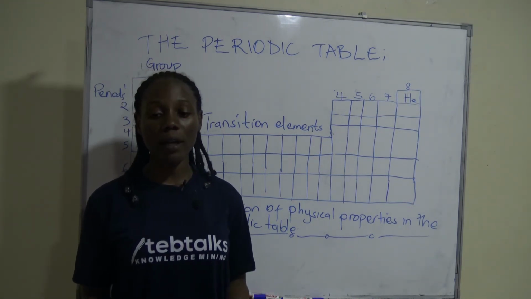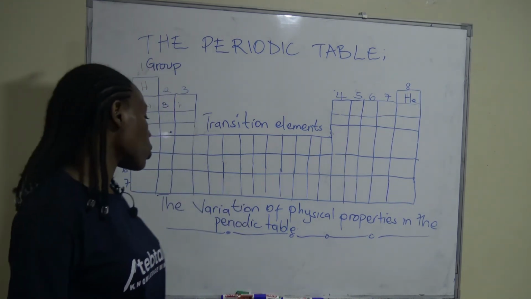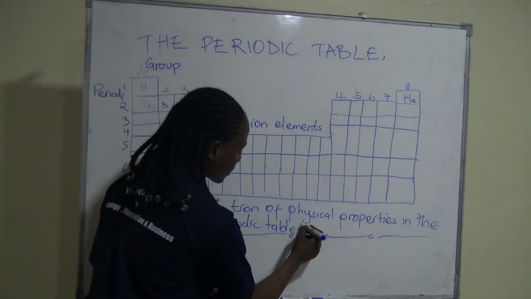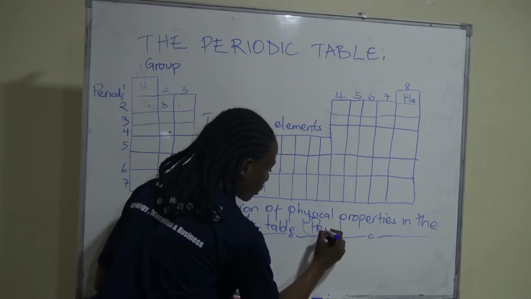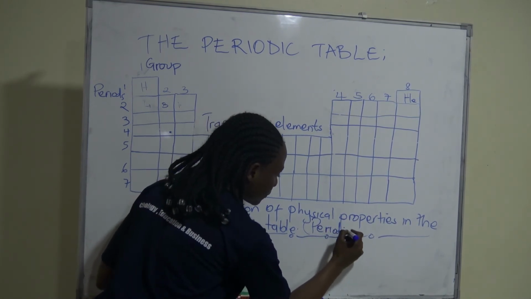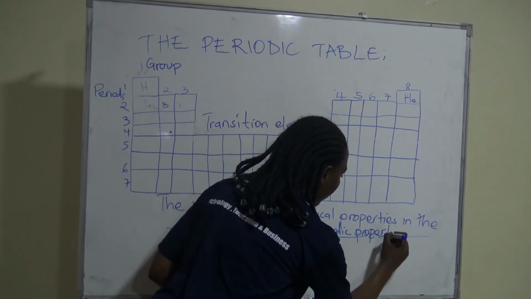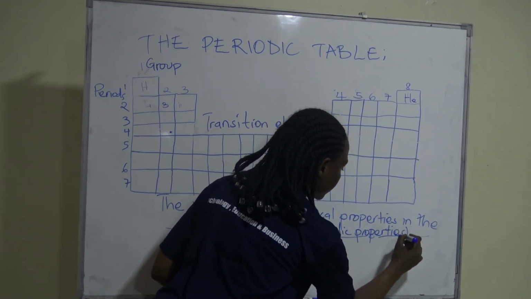And the first one, these in short, we would call the periodic properties. What the periodic table owns.